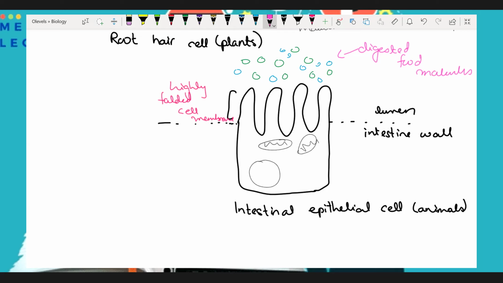Yes, can anyone give me the answer? Yes, Mipsam, what are you saying? You have to give me the answer of how this intestinal epithelial cell is adapted to its function.